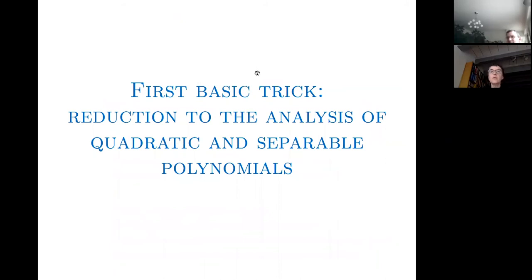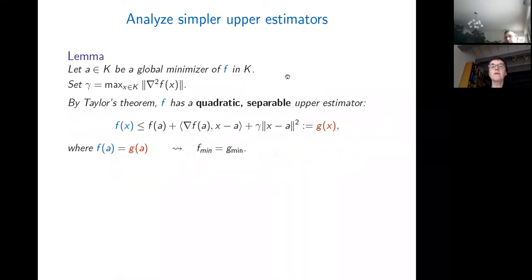Okay, so there are a number of basic tricks which we will need to use in order to make our life easier in order to deal with this. And let me mention a first very simple basic trick, which essentially tells that it's enough to worry about quadratic and separable polynomials. It's a very simple trick, which is based on Taylor's theorem, but it's very, very useful.